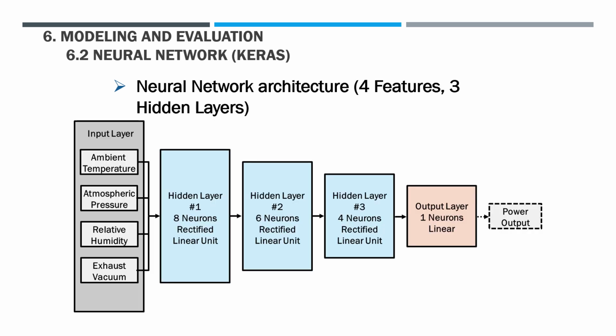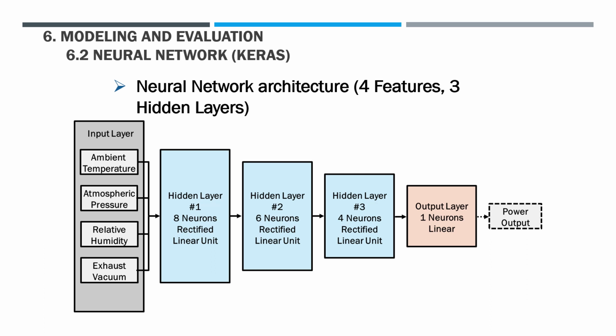Neural network architecture is shown in this diagram with the 4 input features and 3 hidden layers and 1 output layer. As you can see, if there are 4 input features, then all the features are there.